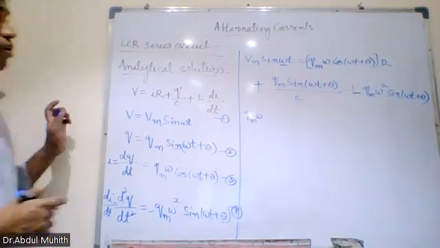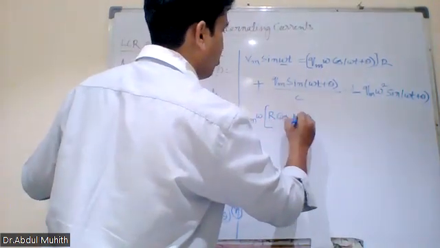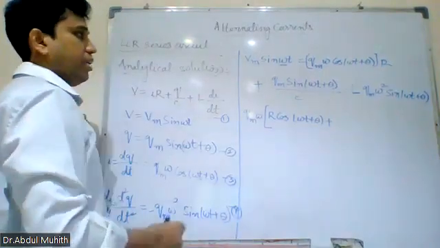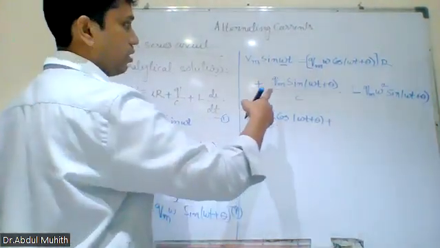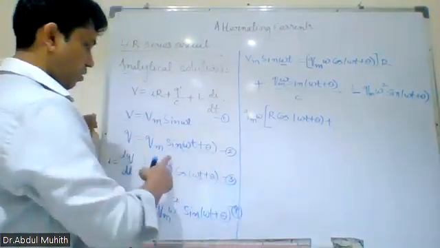So we will get here R into cos omega t plus theta, plus.